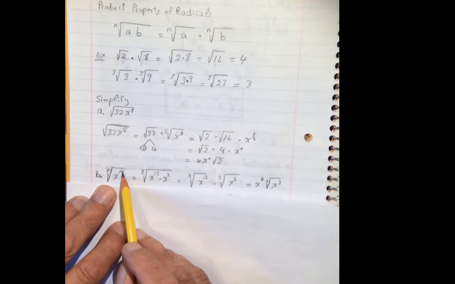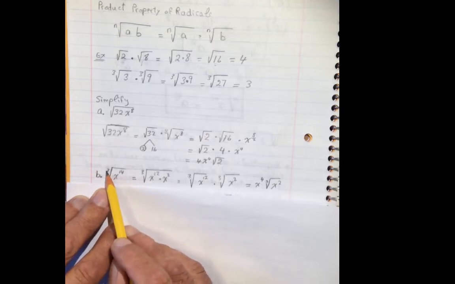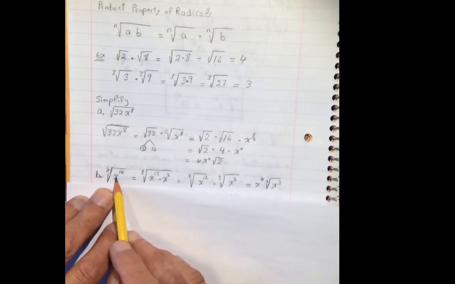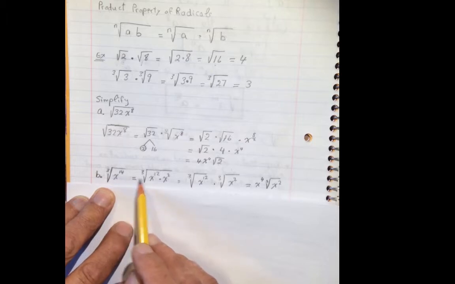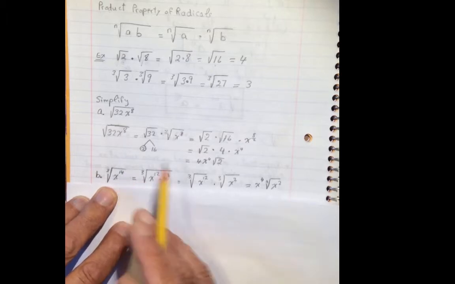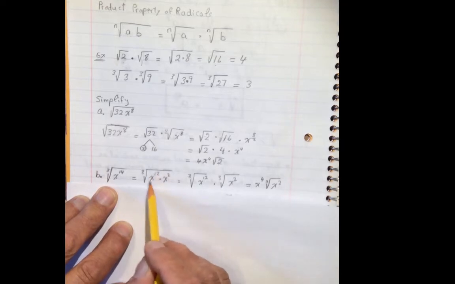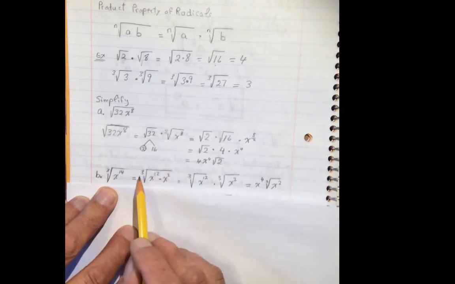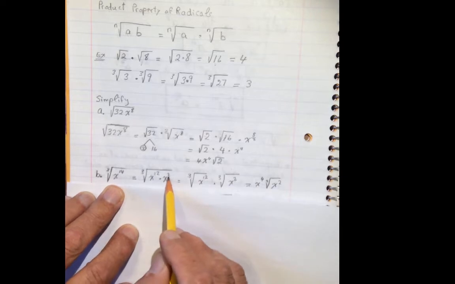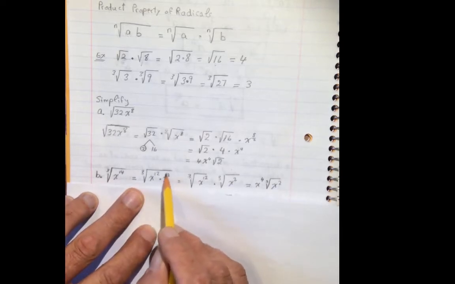What is the highest number that goes into 14 and is divisible by 3? It's 12. So we're going to keep 12 x's together, because remember, x power 14 means x times x times x times x, 14 of them. So we're going to keep 12 of them together, because we can divide 12 by 3. And the other two, the remainder two, we're going to keep together as x power 2.